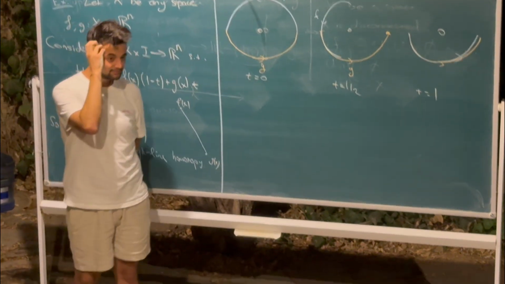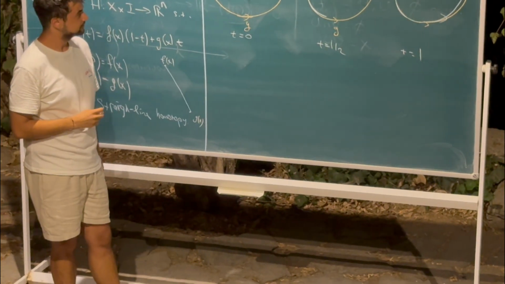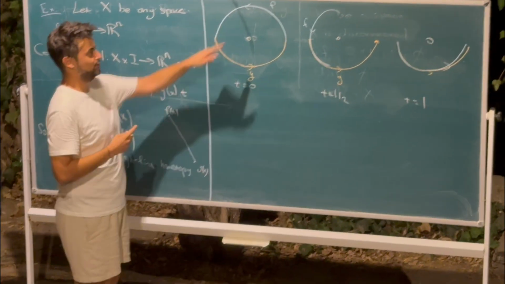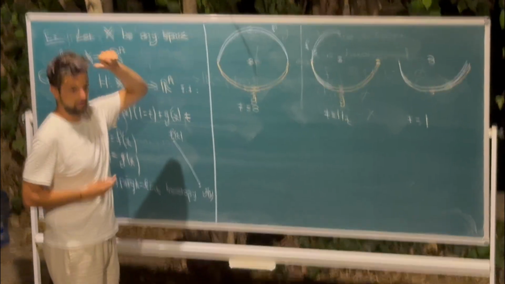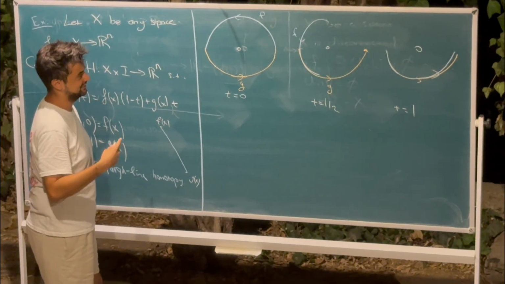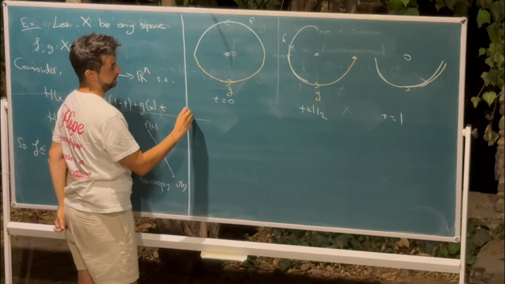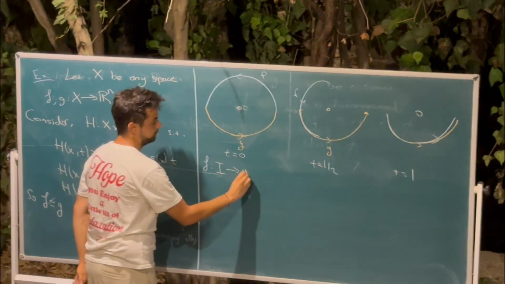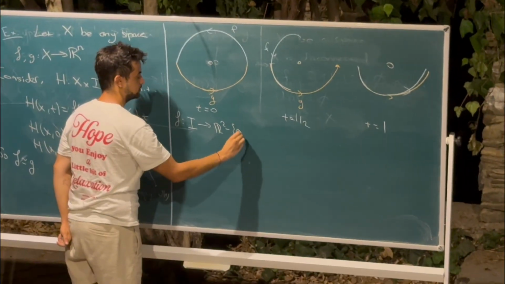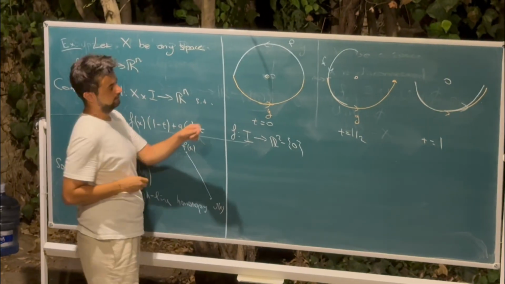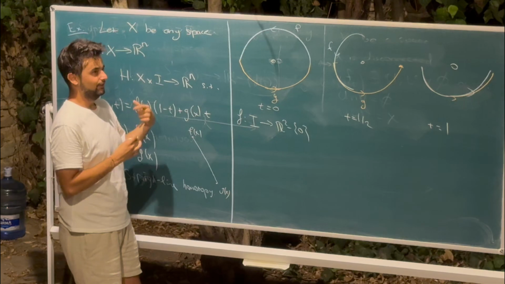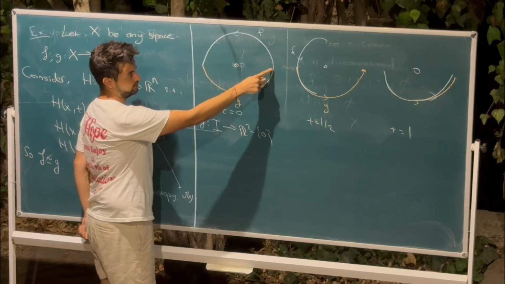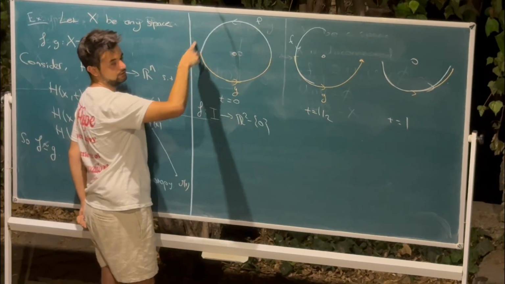Can you explain the effect of the choice of directedness for the arcs? Good question. Why do I put an arrow like this? In my head, f is a function from the interval to the punctured plane. This is 0, the starting point, so this is f(0) and this is f(1), and it goes like this.